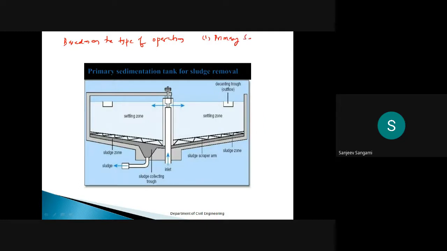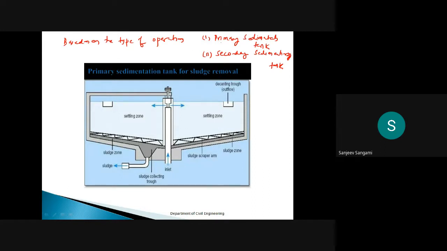The classes are the primary sedimentation tank and the secondary sedimentation tank, based on the type of operation or the priority of the pollutant to be removed.